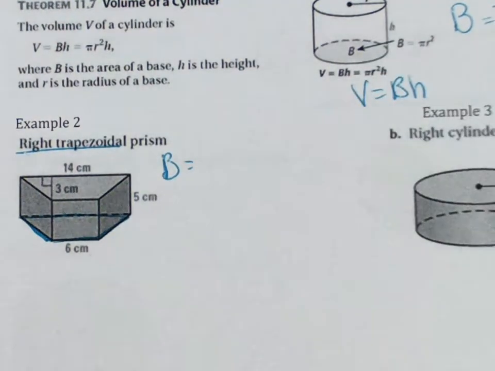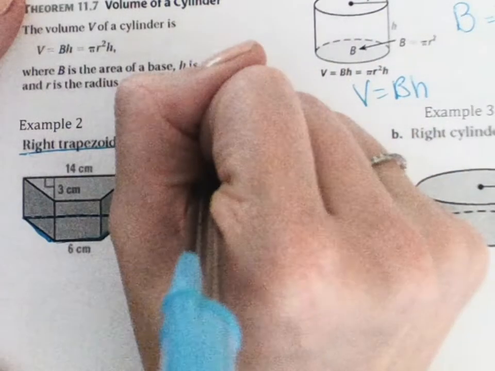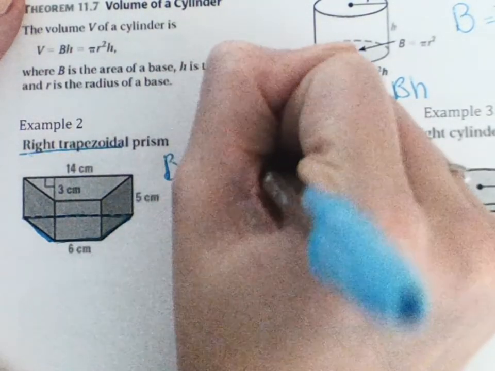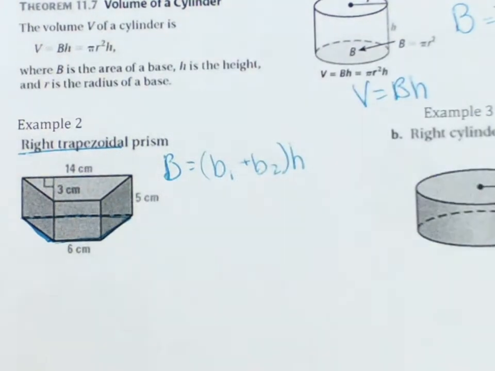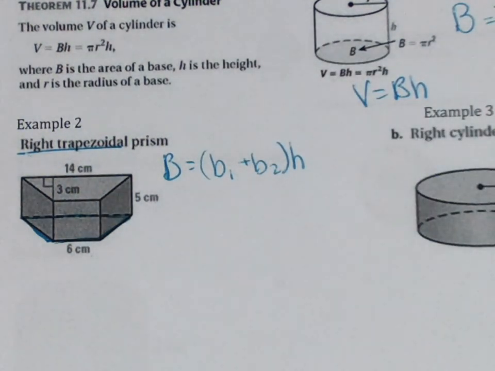So the area of a trapezoid is B1 plus B2 times the height. Let me just double check that.